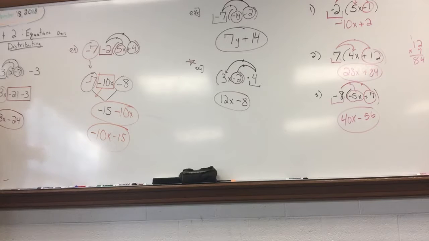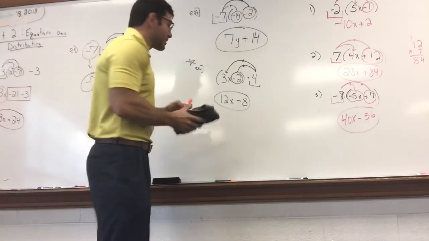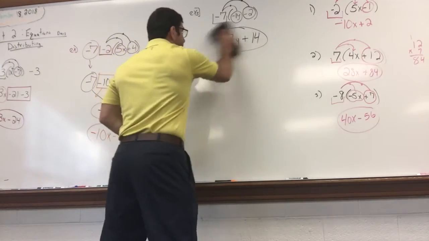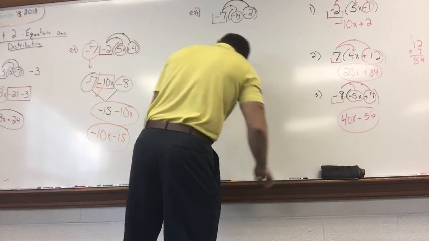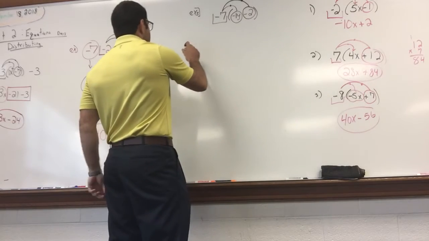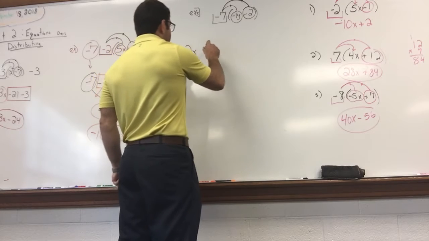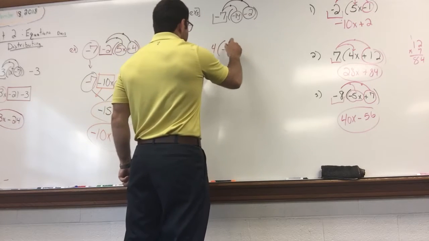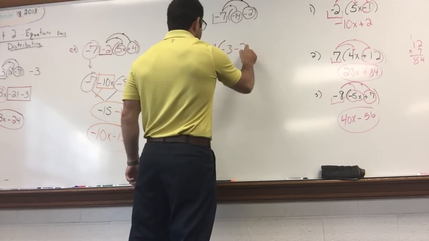Both are fine. Okay, you're going to try one more on your own. Raise your hands when you are done. Let's do negative 2x plus 4 times the quantity negative 3 minus 2x.